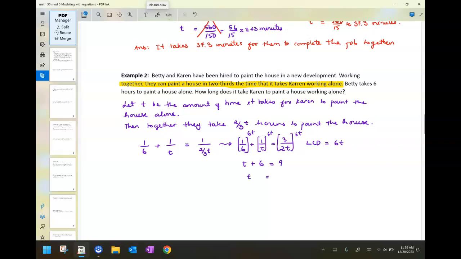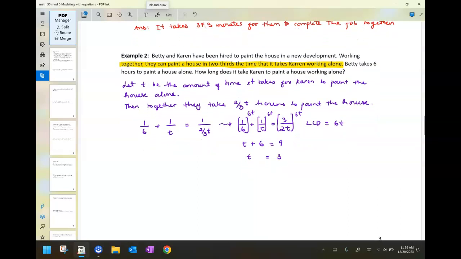So T equals 3. So it takes Karen 3 hours to paint the house alone.